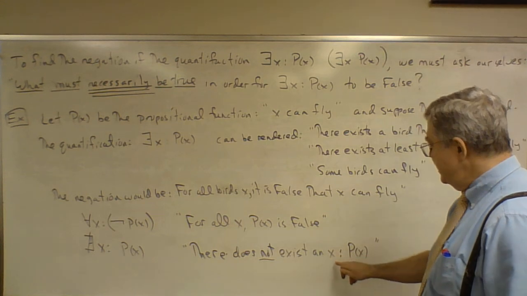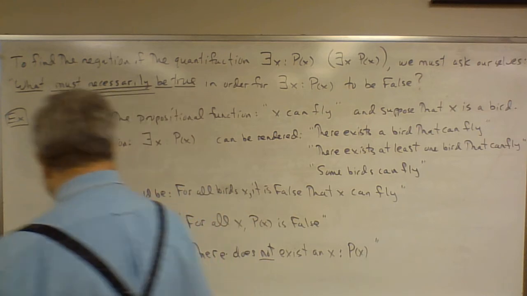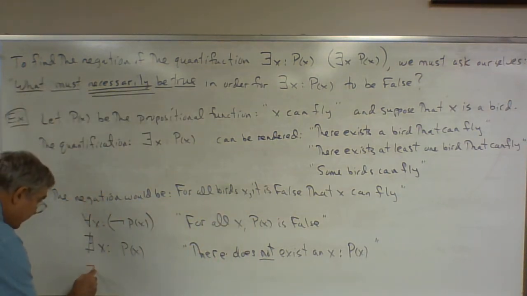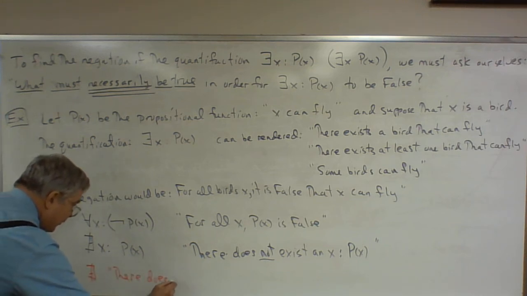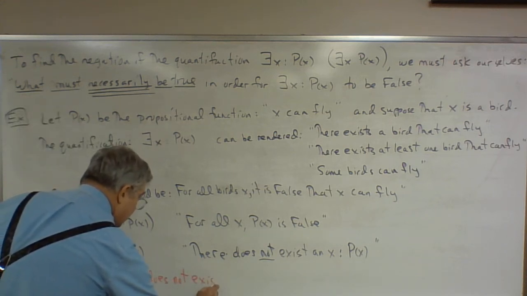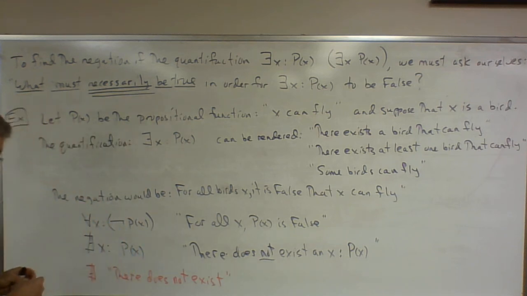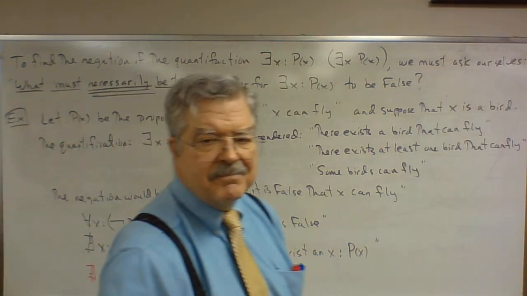There does not exist an x such that p of x. So there are actually two ways that we could negate this quantification. And I will write these down in just a second.